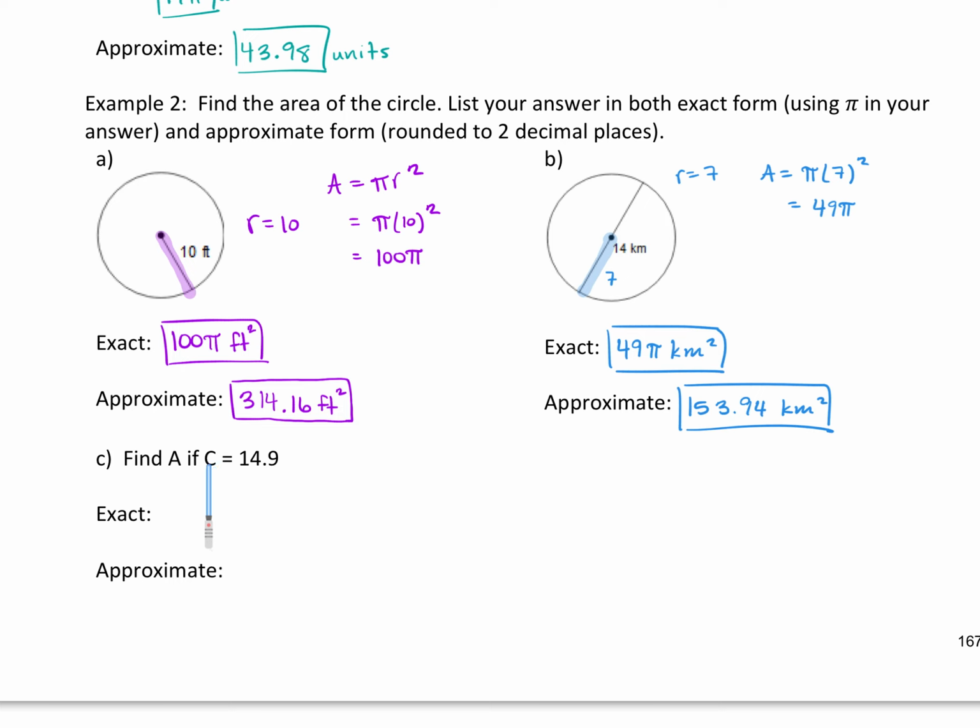For this example here, we want to find the area, but notice we were given the circumference. So we weren't given the radius, we were given the circumference. So we have to use the fact that the circumference is 2 pi r. We're told that C is 14.9, so replace this C with 14.9, and that equals 2 pi r. We want to find r, so we have to divide both sides by 2 pi, right?